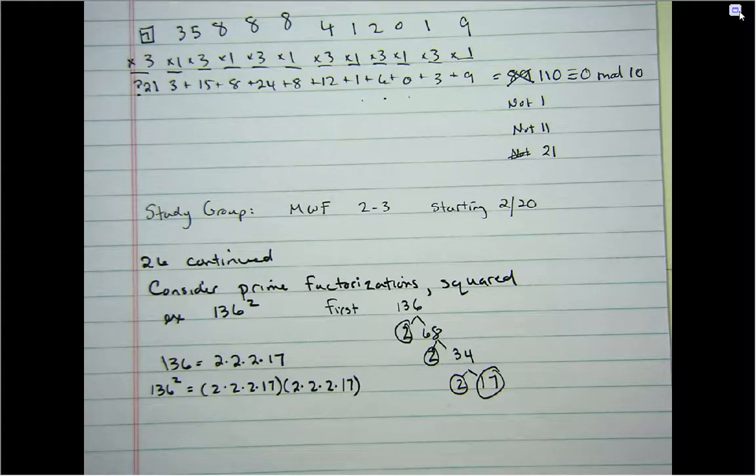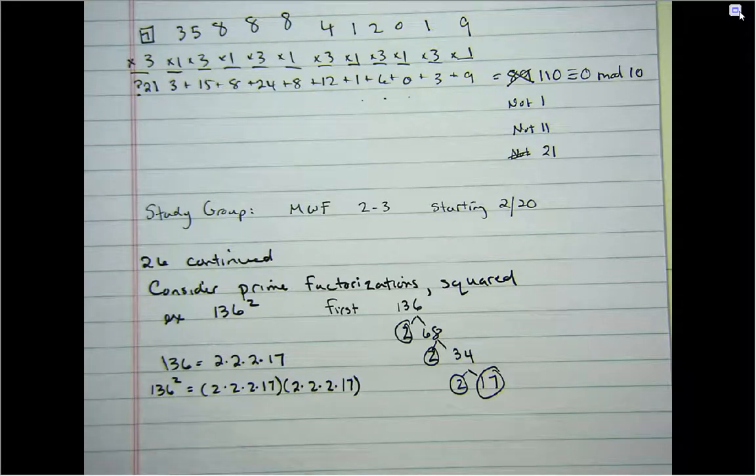So when you have a prime factorization squared, you can just take the base, the 136, for example, find its prime factorization, and then multiply it times itself. So we never did see what 136 times 136 is as a number. We did not need to.